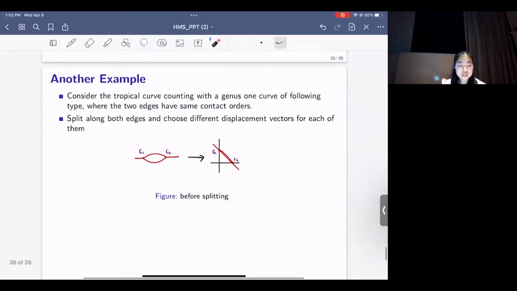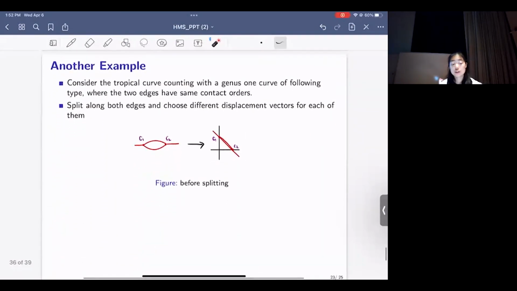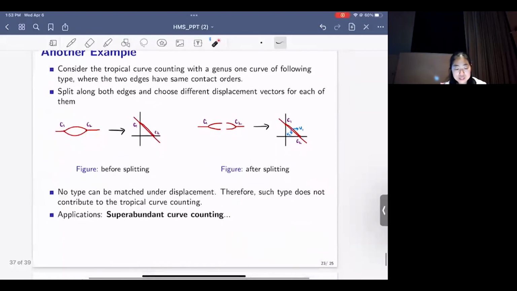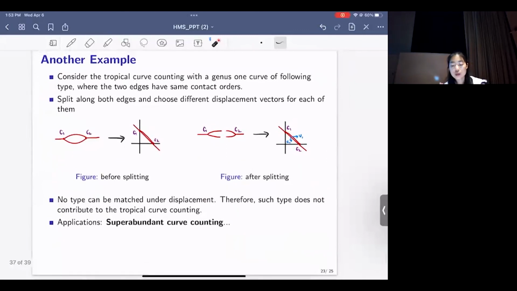Yeah, and another example is if we are thinking of a higher genus case. Suppose we have a genus 1 curve with the following type, and I require the contact orders of them to have the same direction. If I split along both edges, but I choose different displacement vectors, we can see immediately that there's no way that they can still be matched if I choose different displacement vectors.